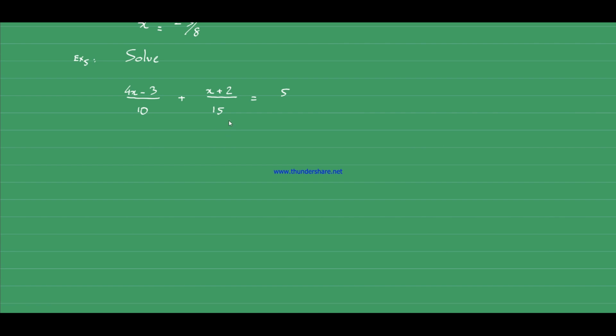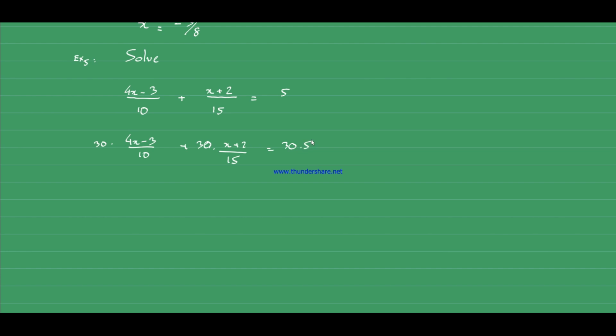Think a little bit. How about 30? I'm going to multiply by 30. You don't need to put parentheses, you should, but you don't have to.